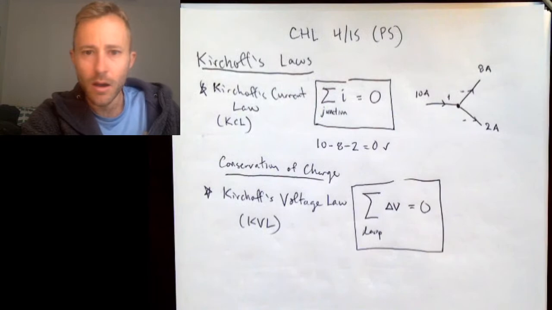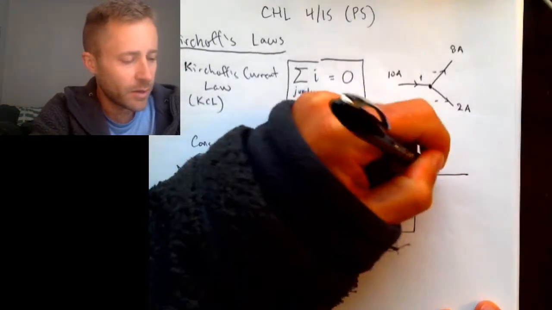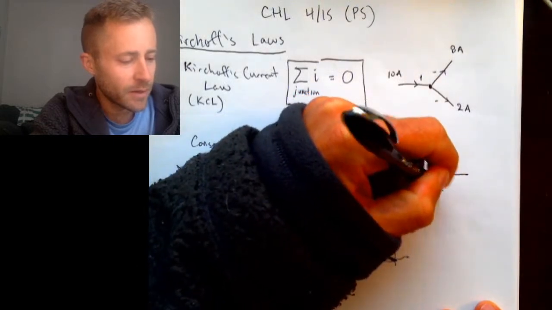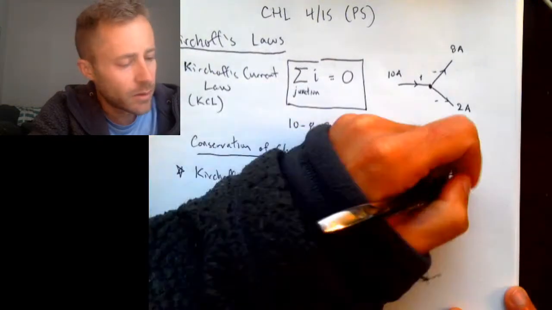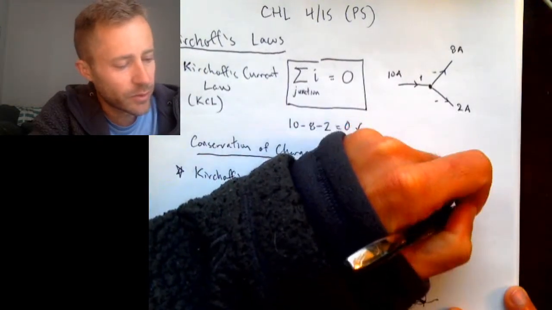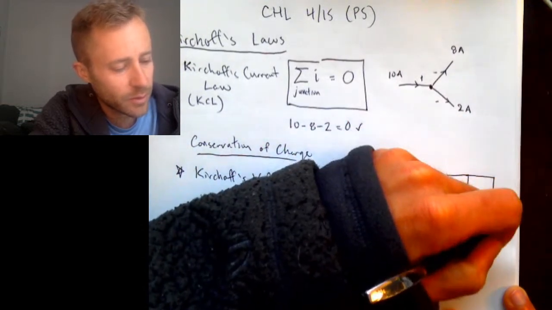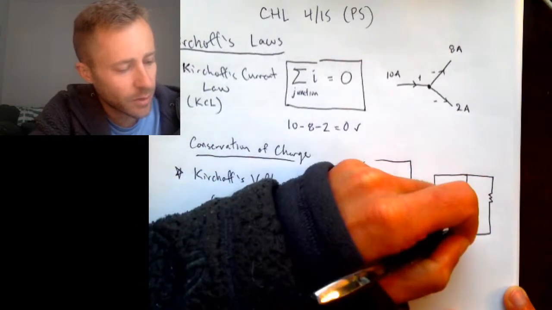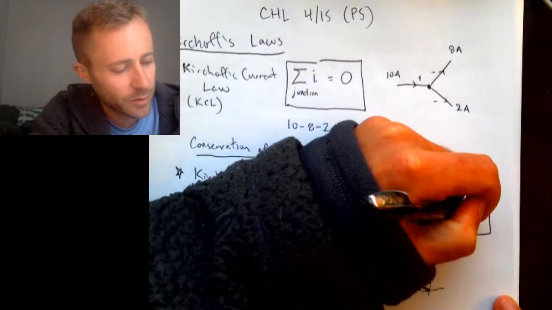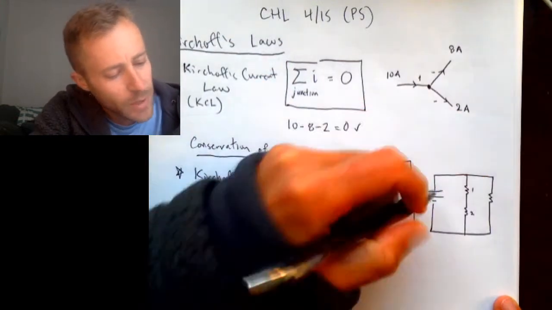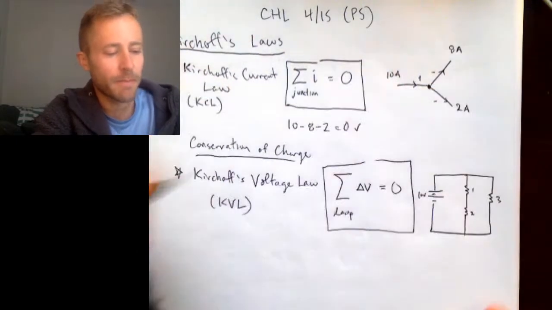For example, what if we had two resistors here, something that looks like this, and maybe another resistor. I'll call this resistor 1 and this resistor 2. Maybe this is a 10-volt battery, and I'll call this resistor 3.